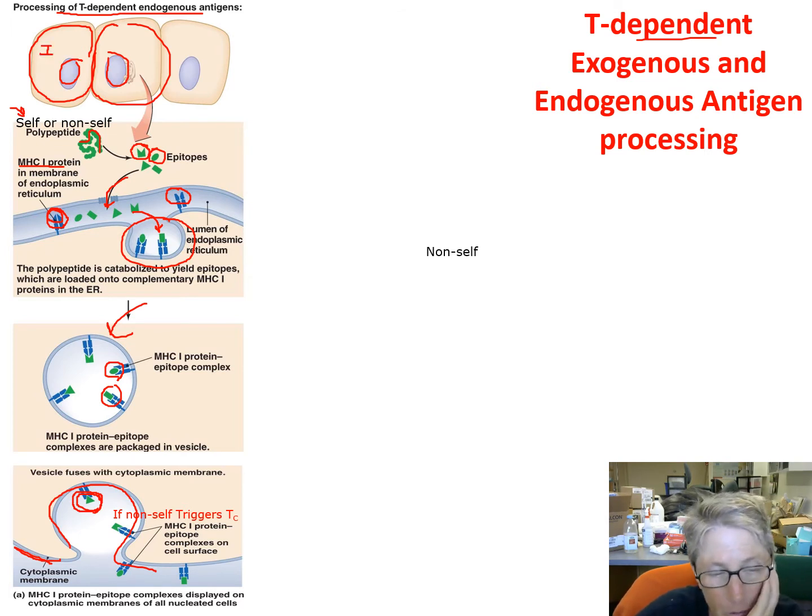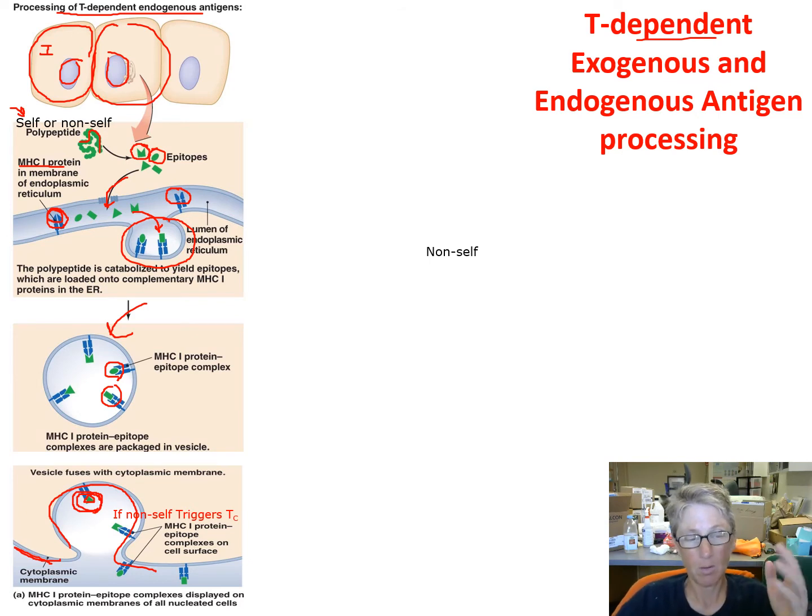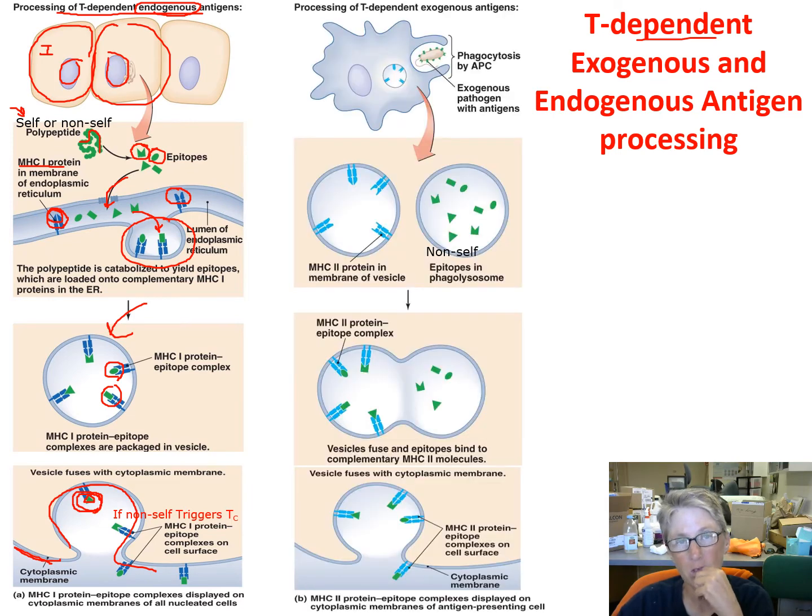But if this green triangle, say, is just a self-antigen, then the cytotoxic T cell with its receptor would not recognize that green triangle because it would be a self epitope, and you don't want your cytotoxic T cells to recognize self epitopes or antigens. Okay, so that's T-dependent endogenous antigens, as opposed to exogenous.